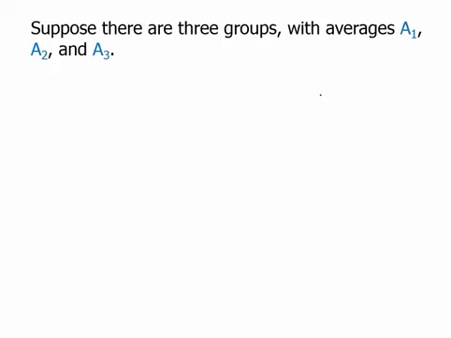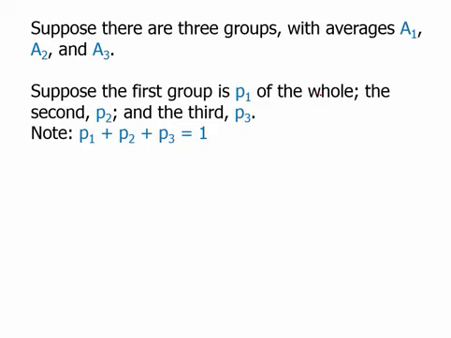So just algebraically, let's talk about this first. Suppose there are 3 groups, and they each have averages, A1, A2, A3. Those are the averages of our 3 groups, or our 3 categories. The first group is P1 of the whole. That's its proportion. The second is P2, the third is P3. In other words, if they're given as percents, we would just change these percents to decimals.